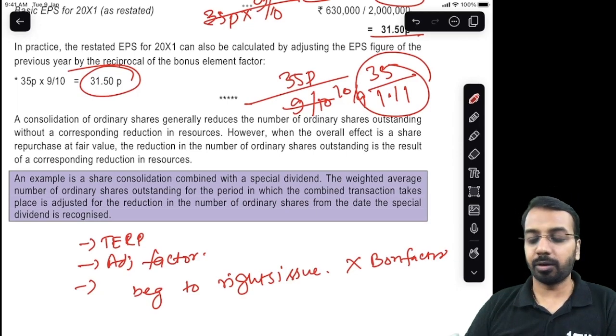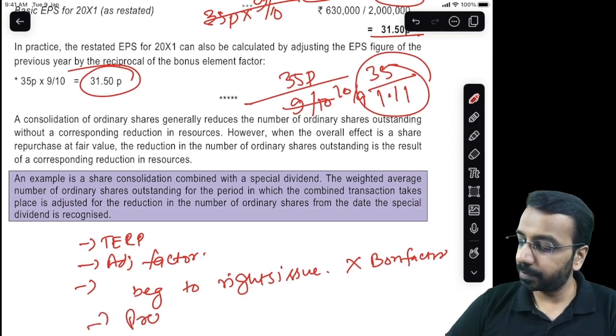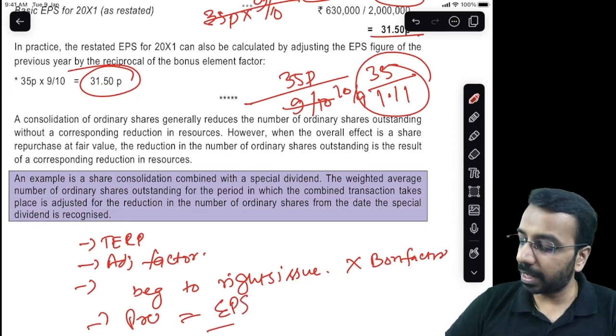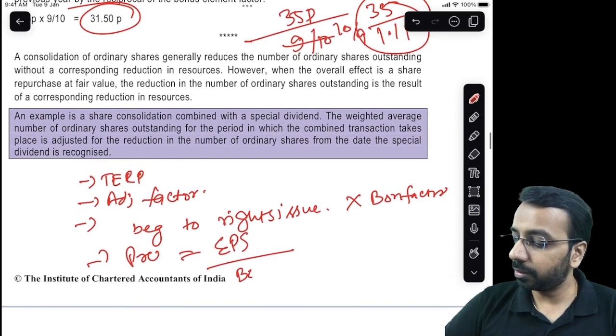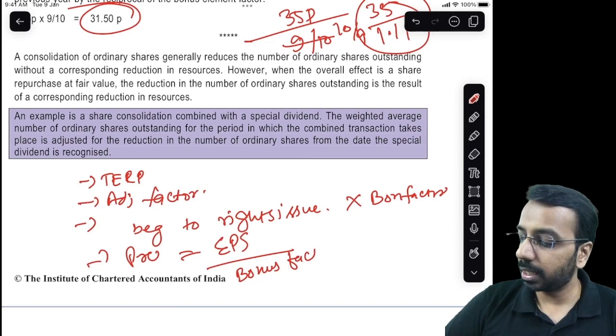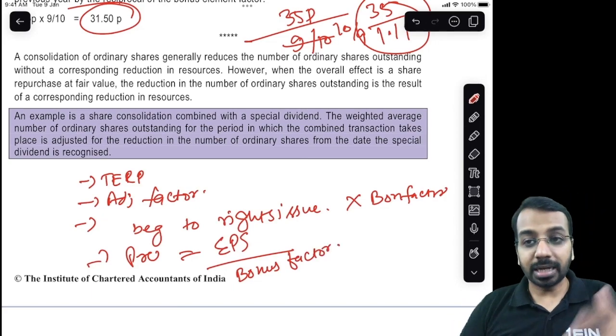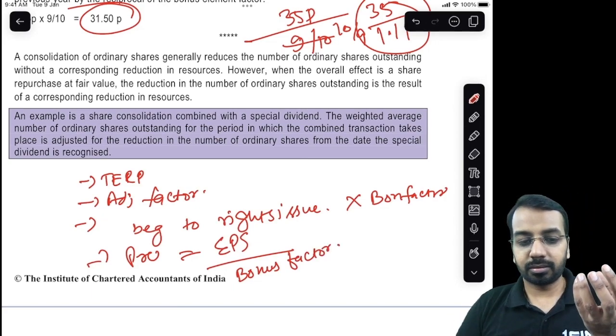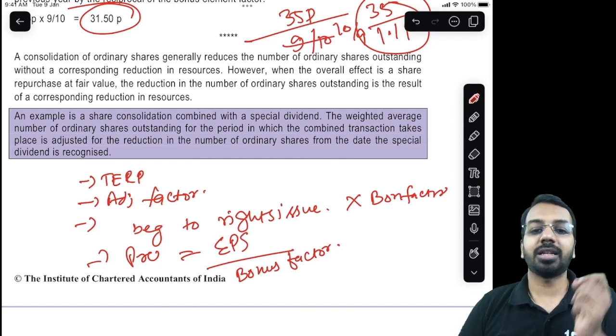After that you do the normal calculation, and for the previous period, EPS is equal to EPS as reported divided by the bonus factor or right adjustment factor. So that is how you calculate EPS when there is a rights issue.